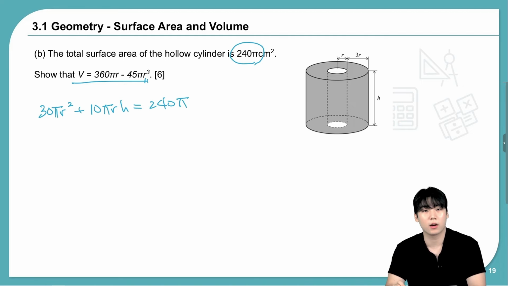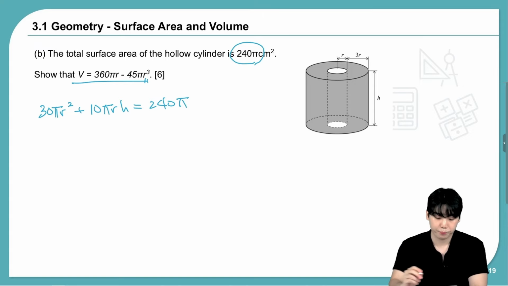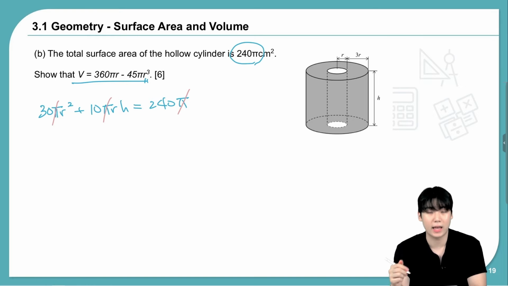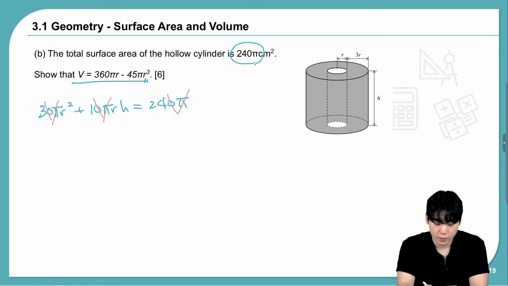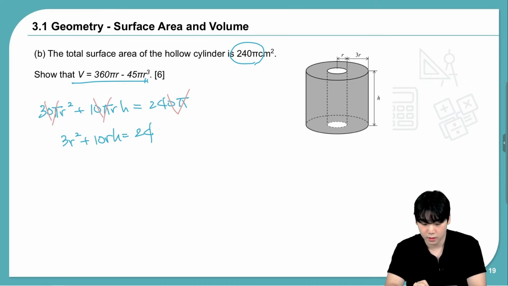And here we can acquire an equation relating r and h. So I will try to find what h is. Let me just cancel out the pi's because I want my equations to be as light as possible. I can further cancel out the tens as well, right?